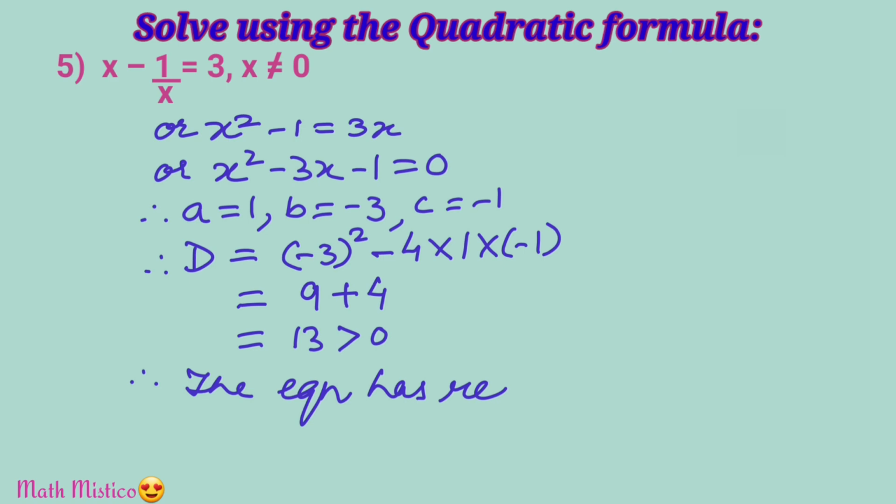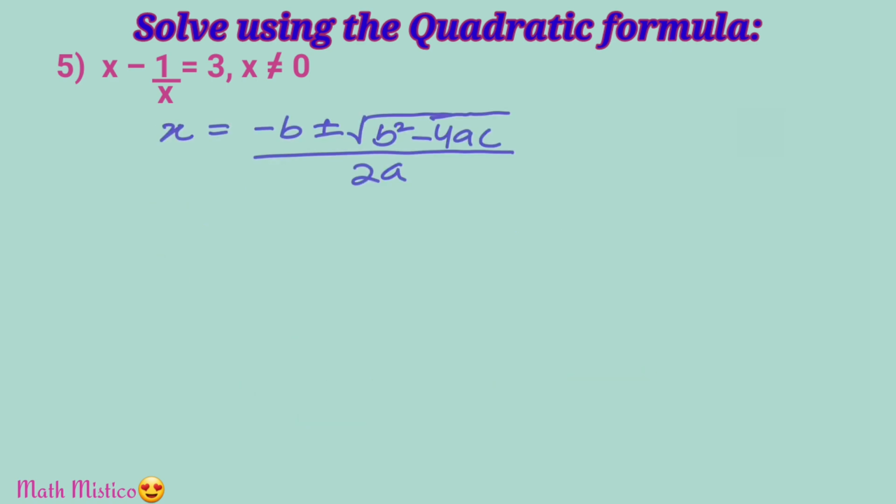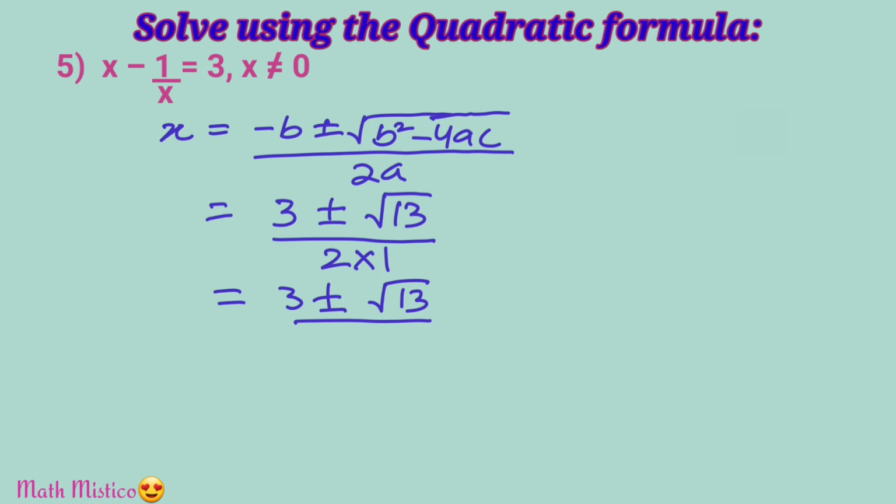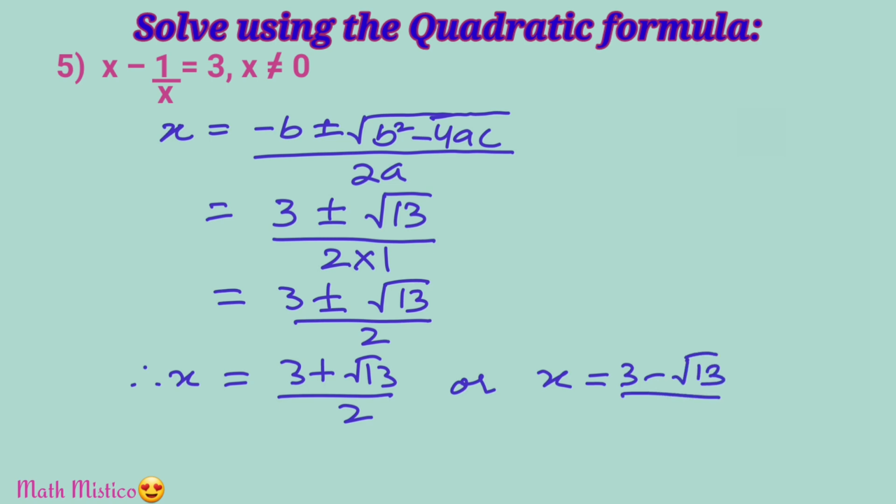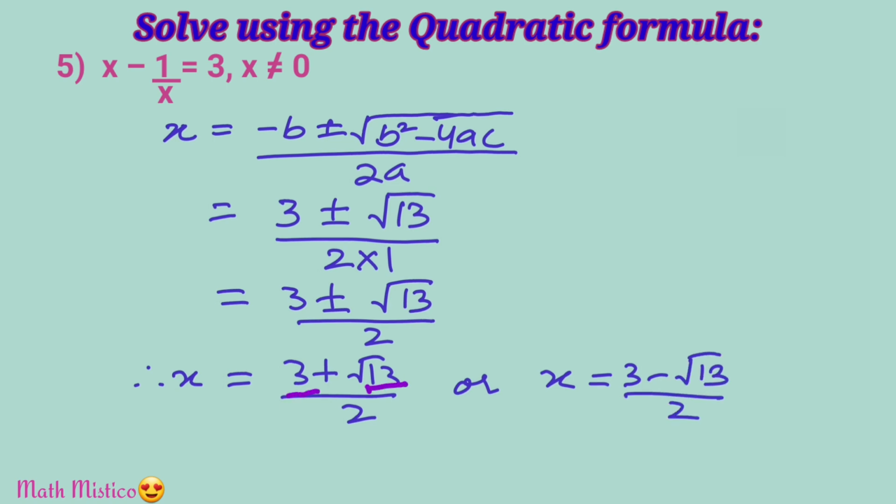So the real roots are given by x equal to 3 plus minus under root 13 upon 2 into 1. That is 3 plus square root 13 upon 2 and 3 minus square root 13 upon 2. As these are rational and irrational and cannot be added, this is the final value of the roots.